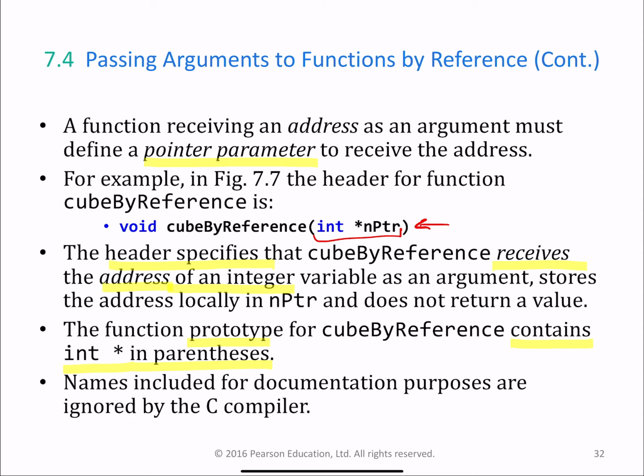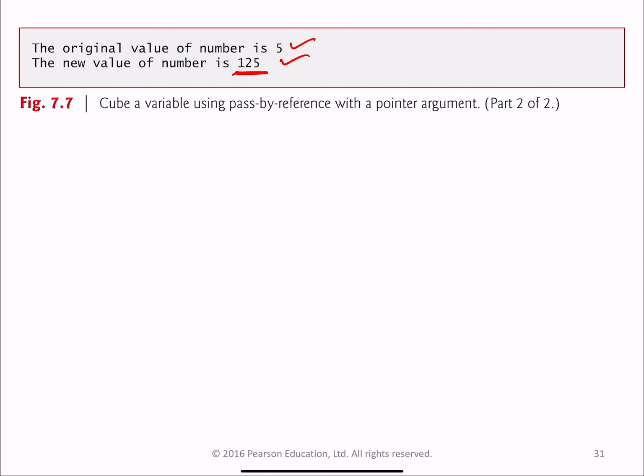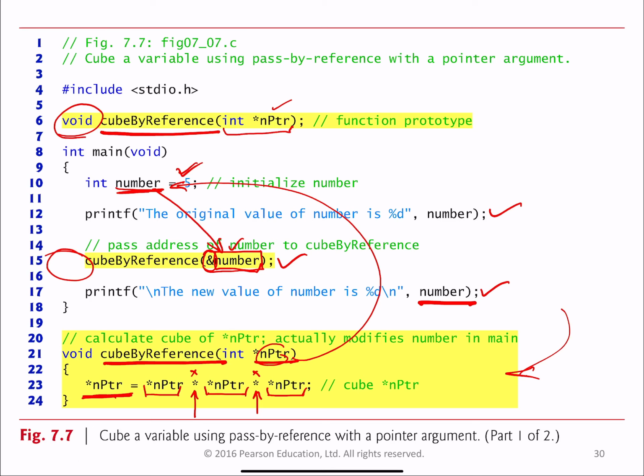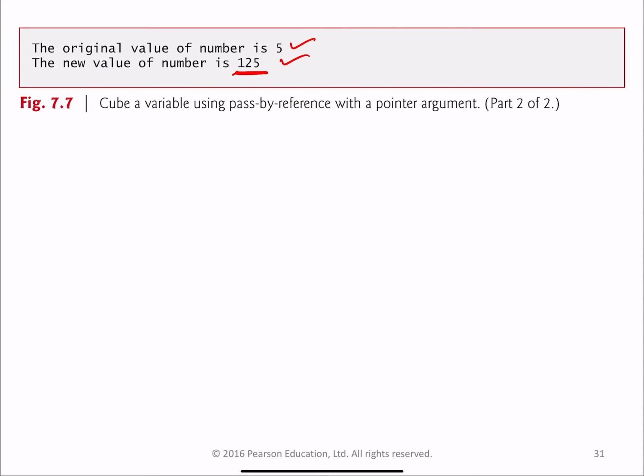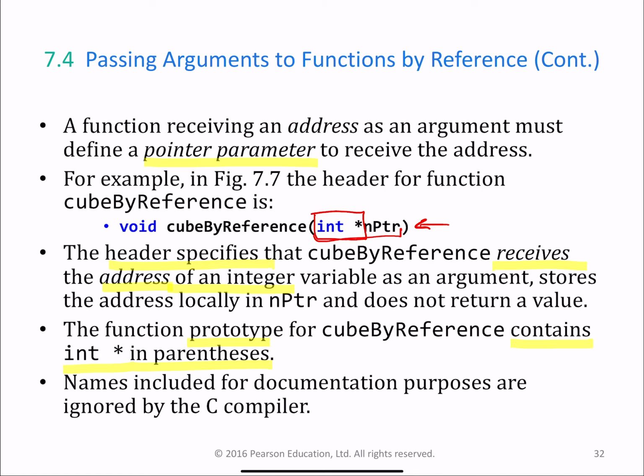So please note that in the prototype, we write this as integer pointer, end pointer. But when you call the cube by reference function, the argument looks a little different. It's the name of the variable in this case that we're sending with an address operator in front of it.